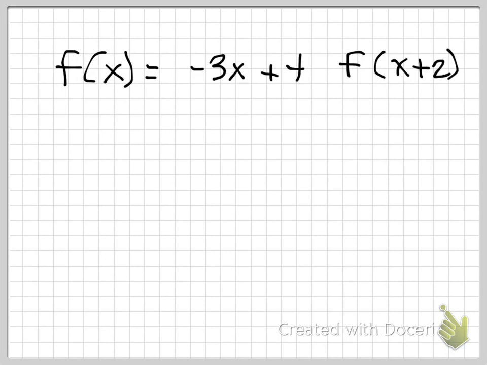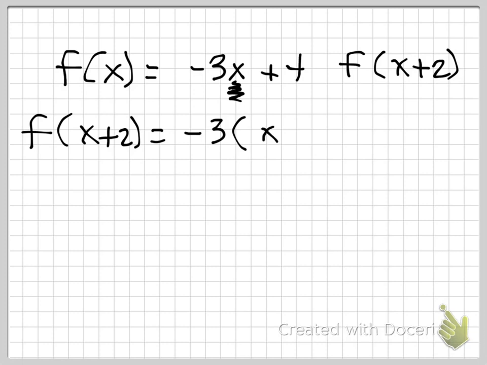So that means that everywhere there's an x, you're going to replace it with x plus 2. And then you'll simplify. So negative 3, in place of this x, I'm going to put x plus 2, plus 4. Now remember, we always have to deal with our parentheses first, and we know there's going to be parentheses because we put them in.